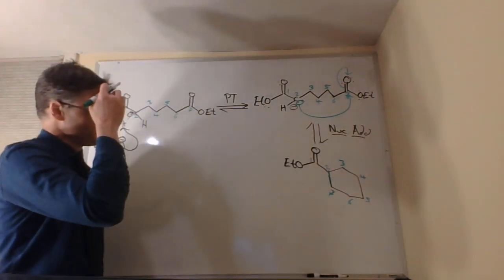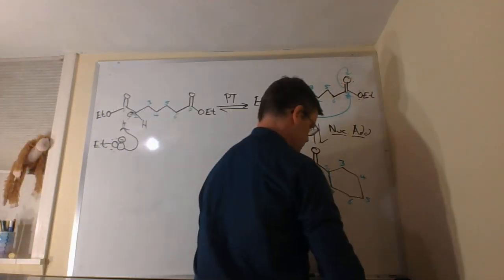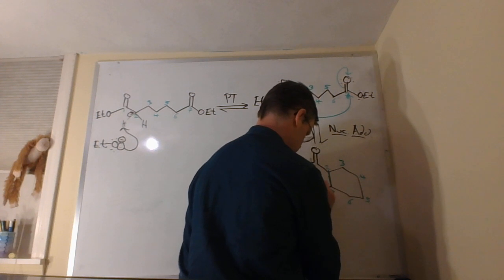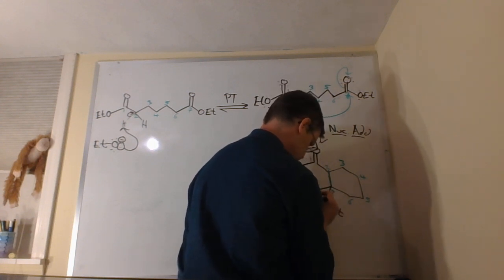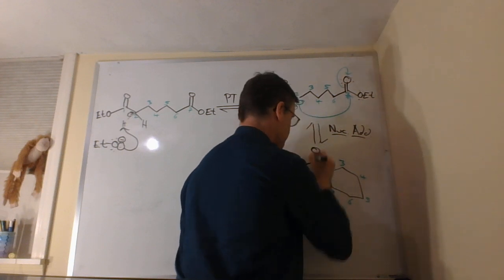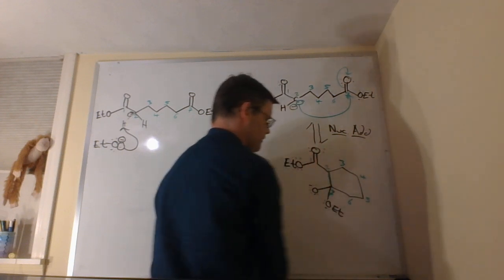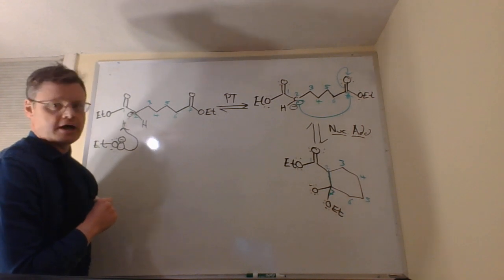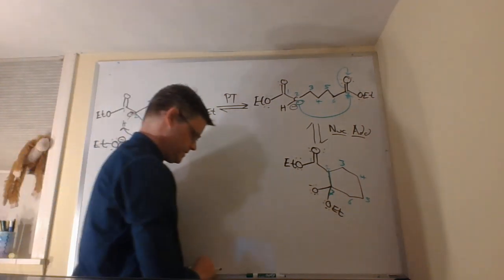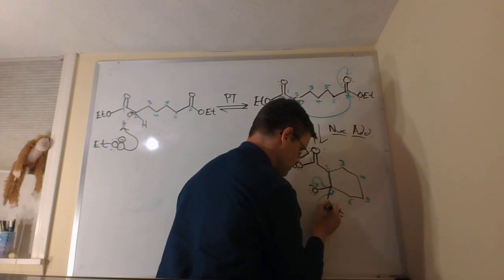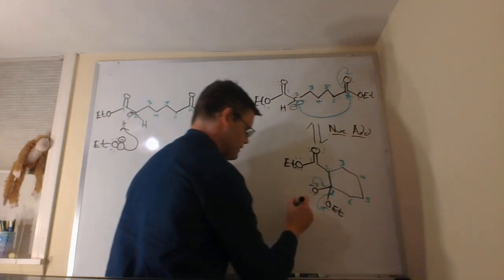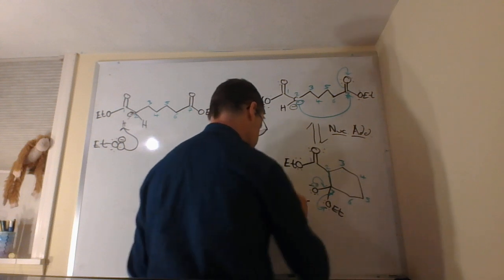That's my new CC bond. And there's O minus, OEt, my soon-to-be leaving group. Now we've done the hard part. All we have to do is get rid of that ethoxide, and that's going to be a nucleophilic elimination.